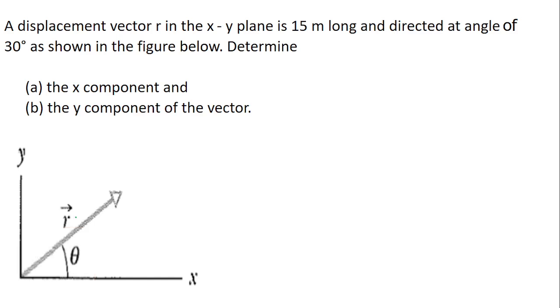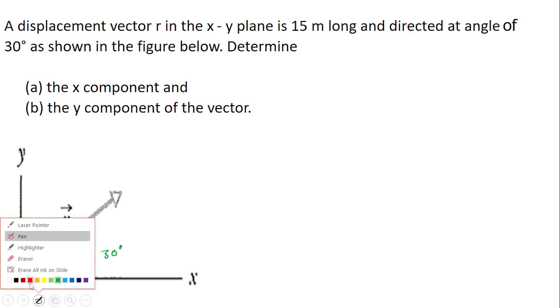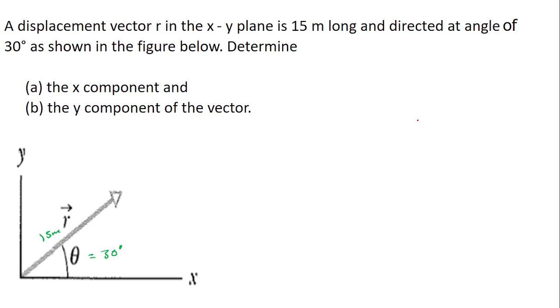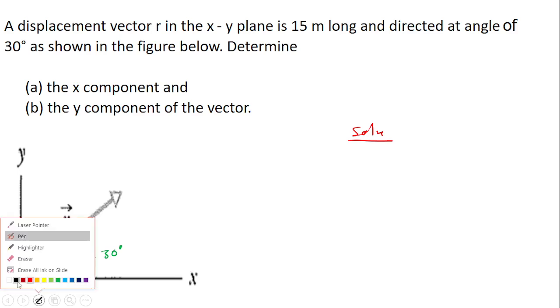The size of this vector is 15 meters, and the angle is 30 degrees. This is the basic solution, and for those who don't have information on this, you can watch part 2 of our lessons.